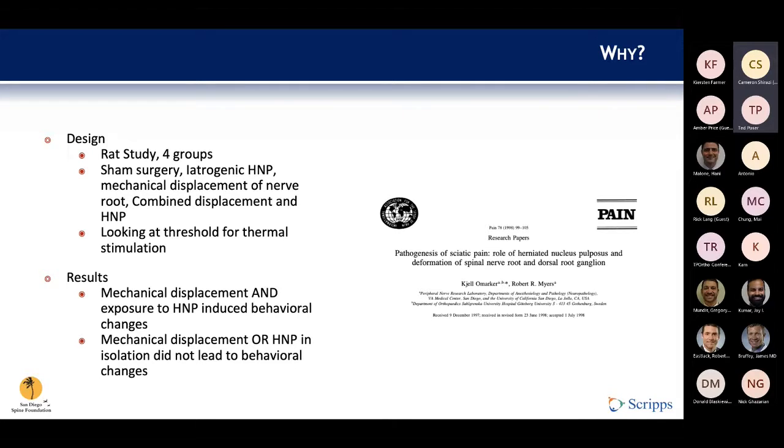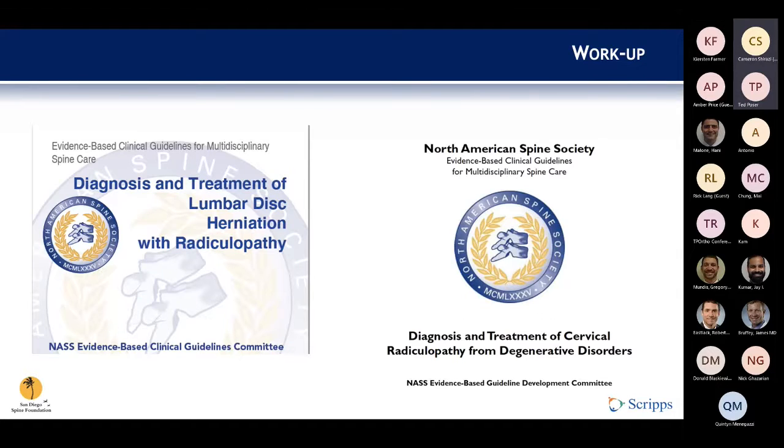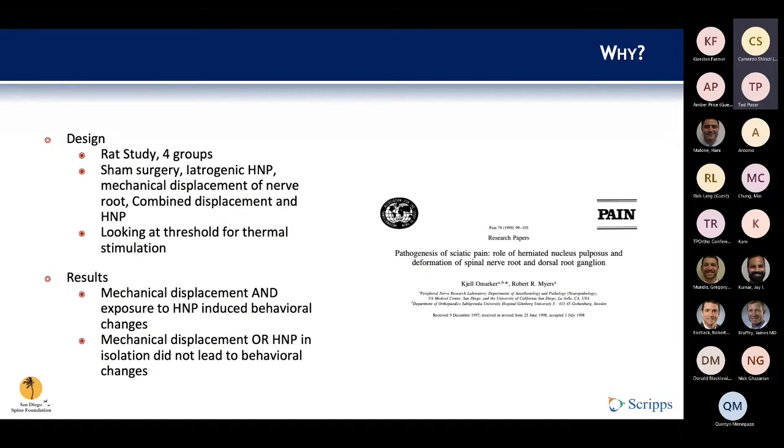And they were looking at the threshold for thermal stimulation within the paw in this study, and the results showed mechanical displacement and exposure to HNP induced behavioral changes, but in isolation, mechanical displacement or HNP did not lead to behavioral changes. So another thing to look at when we're looking at the anatomy, why this pain occurs, and give us a better understanding there.